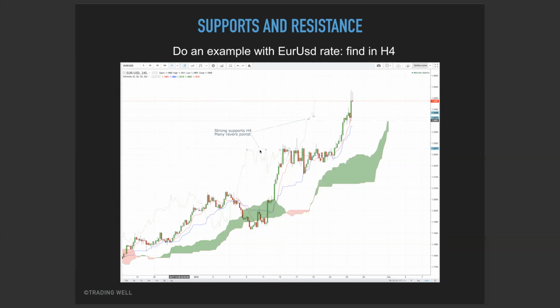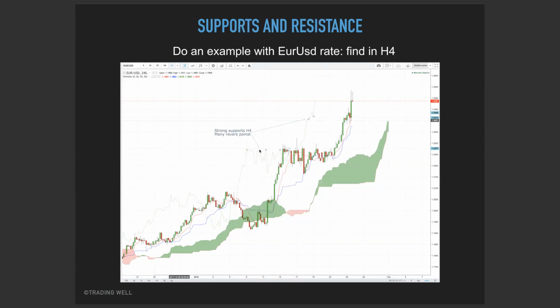And here instead is a very strong support. We have 1, 2, 3 point and 4, but it's not so reverse point at 1.2277.